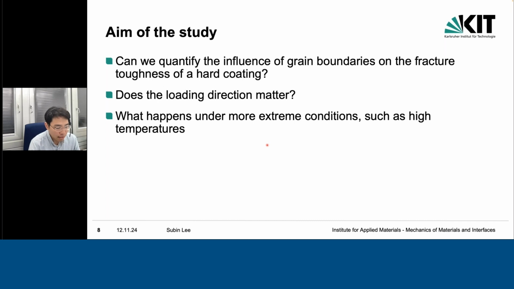As you saw in the previous SEM images, they usually grow in a columnar grain structure with a very nice texture. Our second question was whether there's any influence of the loading direction on the fracture toughness. And lastly, we wanted to see what happens at more extreme conditions, for example, high temperature.